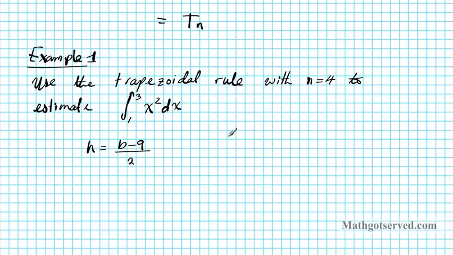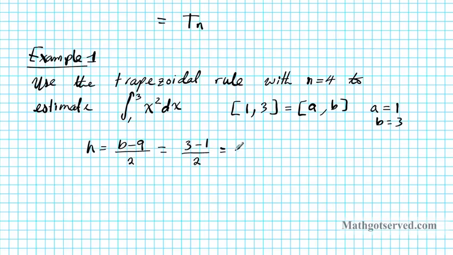How do you tell what an interval is? You look at the limits of integration, right? So this is the a and that's the b. So our interval is basically 1 to 3, which equals a to b. So a is 1 and b is 3. Okay? So let's plug that in here. So we're going to have 3 minus 1 over 2.